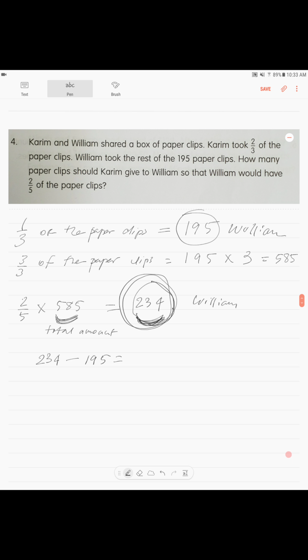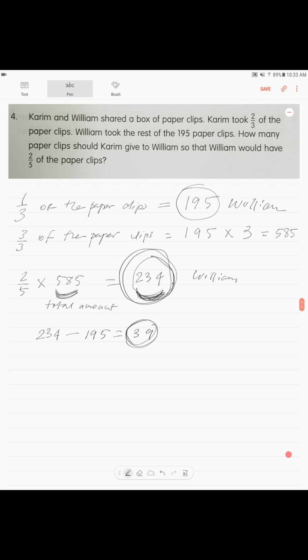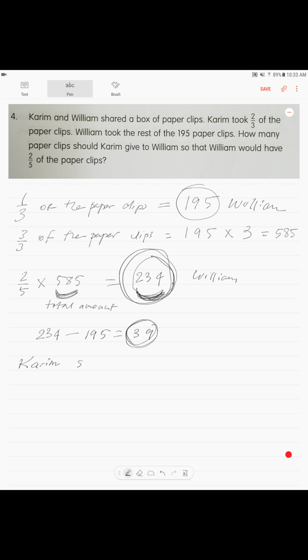That's the difference. 39. That's your answer. 39 paper clips, right? And the answer is a sentence. Karim should give 39 paper clips to William.